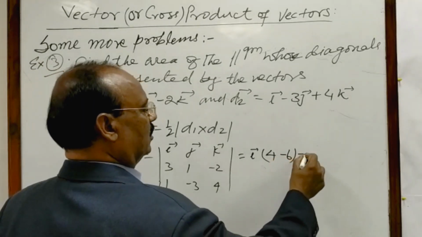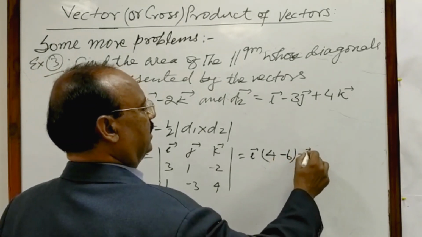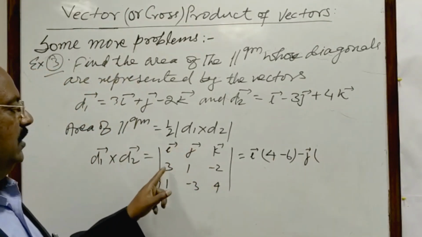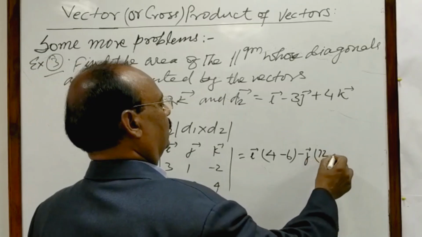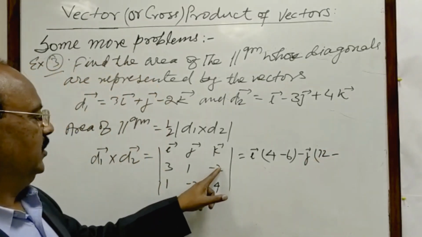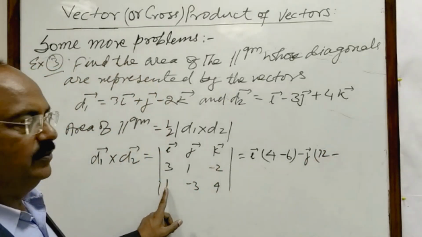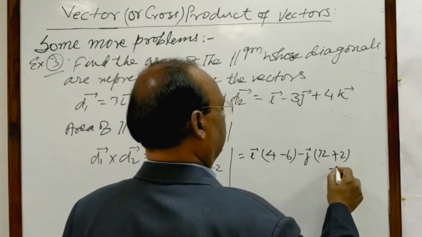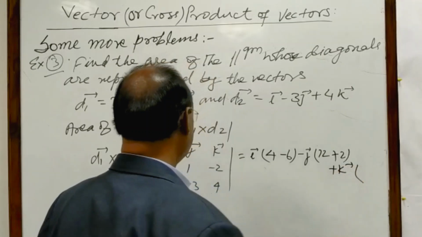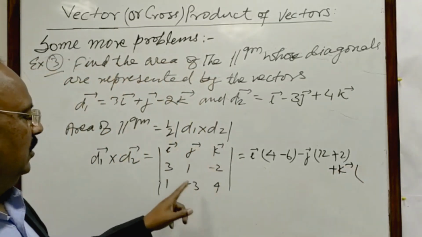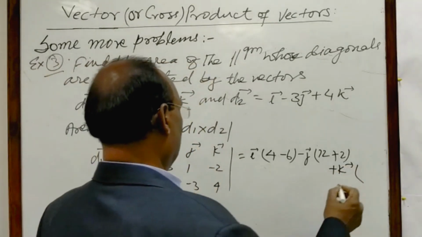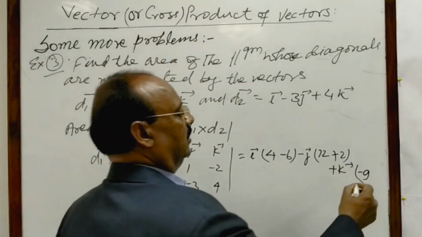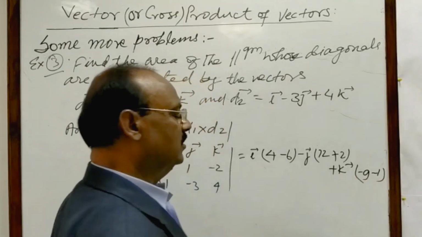Next term, here we have to start with minus and write j, omit first row and second column, 4 threes are 12, minus 2 into 1, that is minus 2. So it becomes plus 2. And k, omit first row and third column, 3 into minus 3, that is minus 9, minus 1 into 1, that is minus 1.